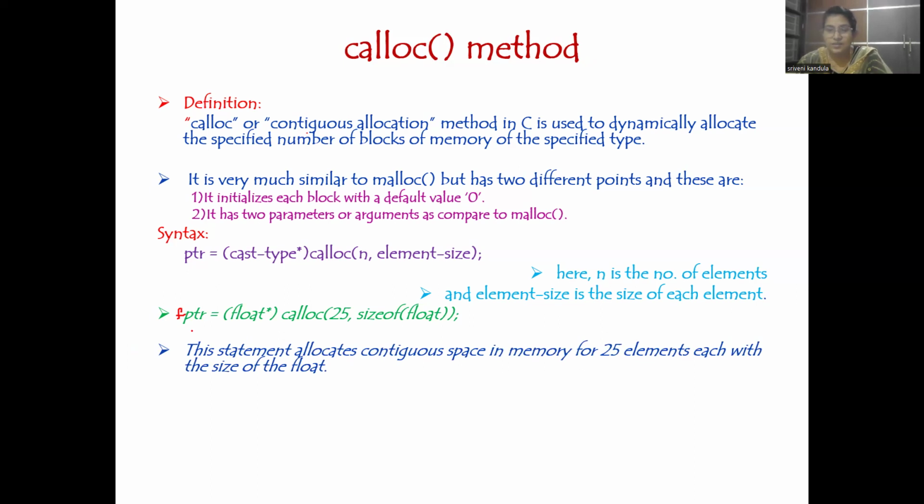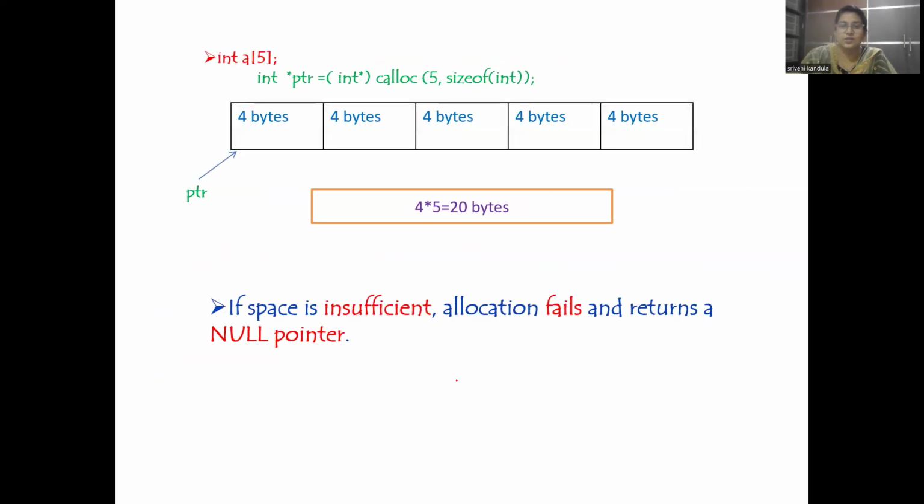Okay, so now let us see how it looks. Let us compare this with malloc. So here you can see int a[5]. The same example I'm using so that you can easily compare this with malloc. Here we have declared an array of size 5. So the n value that I'm using is 5, and then sizeof(int) we are using.